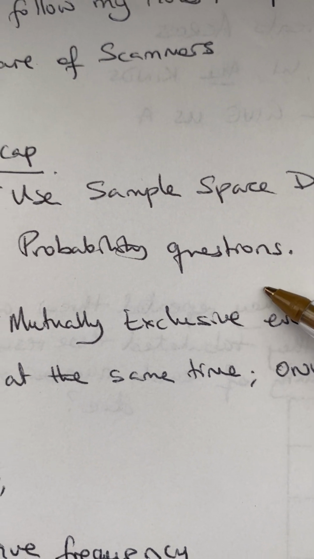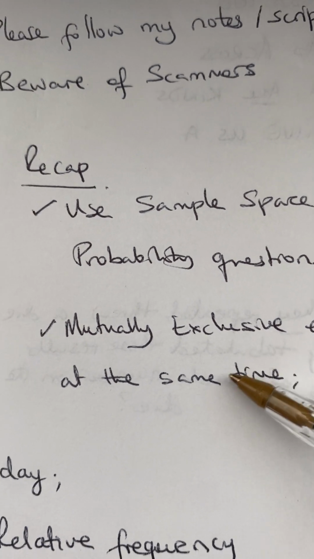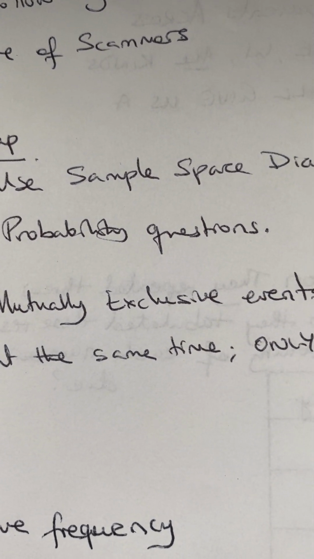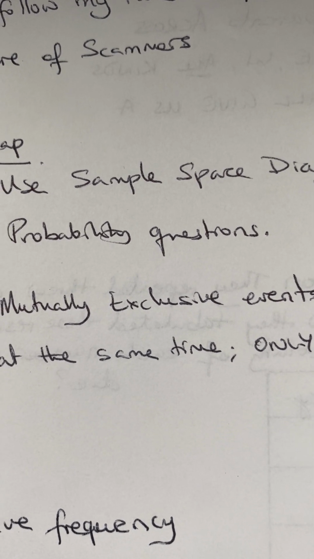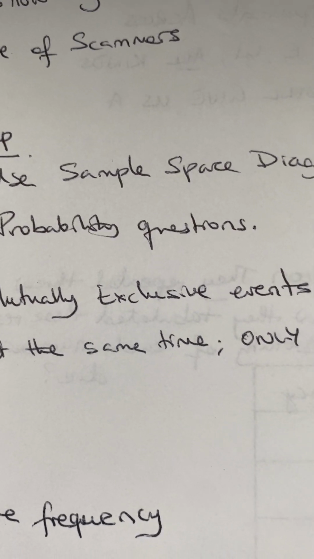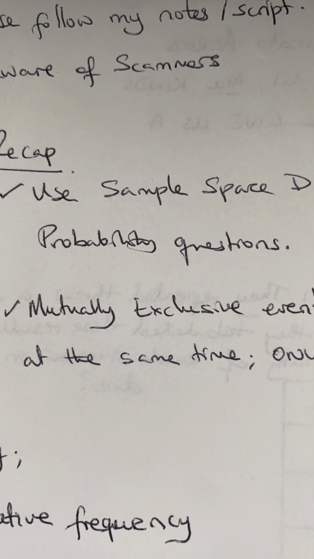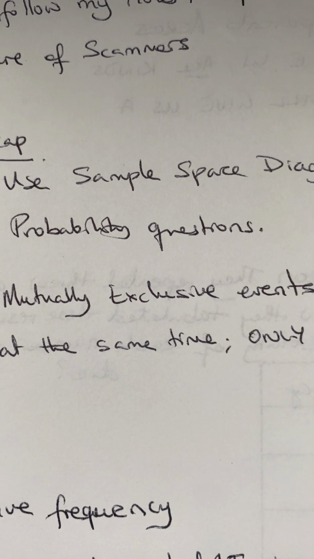At times, depending on how complicated the question is, you can use the sample space diagram to help you make sense of the question in front of you, so that you can answer the question right first time.